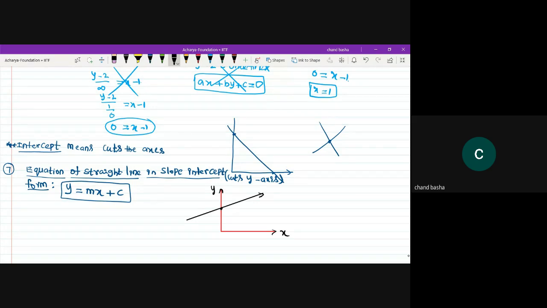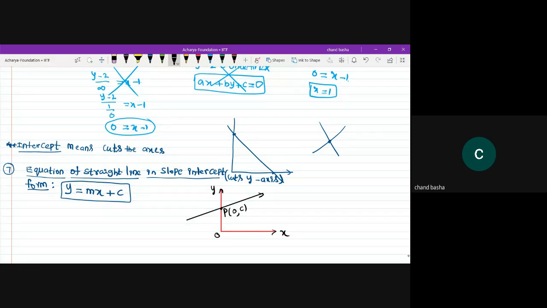So one point is given, point P, on the y-axis, where the x value is 0, and it cuts the y-axis at a distance of c units.